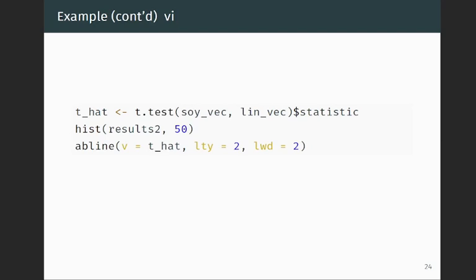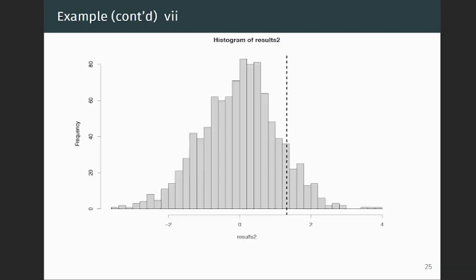Okay. Next, we're going to take t hat, which will be the t-statistic on the original data without permutation, and we'll do the same as before. We're going to visualize the permuted t-statistics and then check where the t hat value falls. And what we get is something similar to what we got earlier. You can see there's a little bit of skew in this histogram. It's not perfectly symmetric.